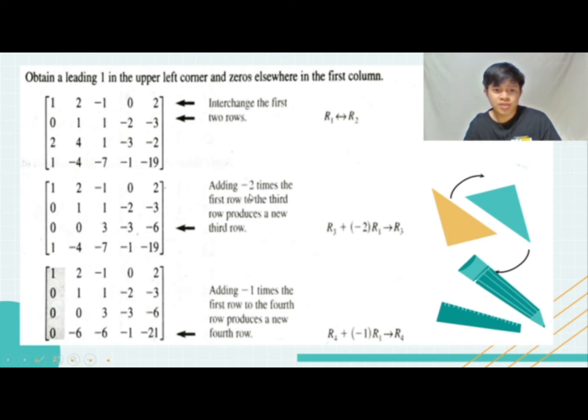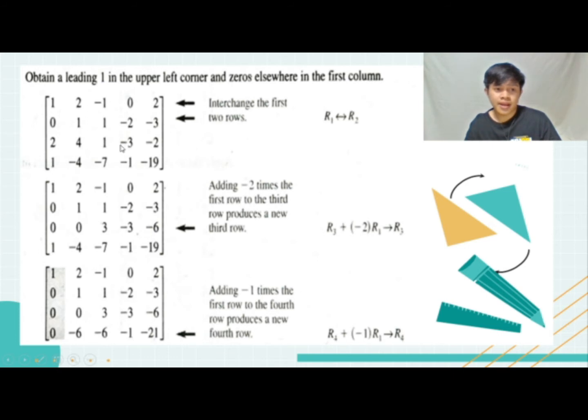2 minus 2 times 1 is equal to 0. Okay? So, another one. 4 minus 2 times 2 is equal to 0. Okay? So, another, 1 minus 2 times negative 1 is equal to 3.